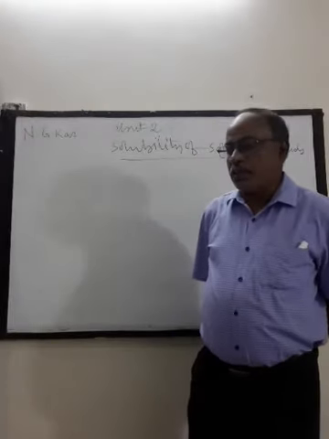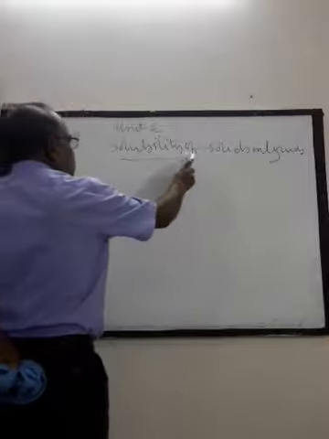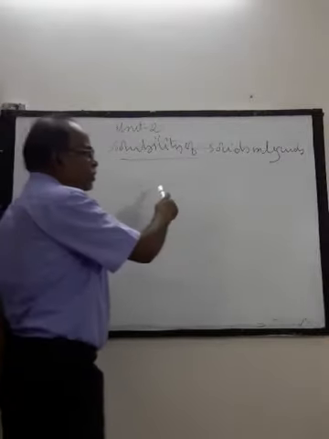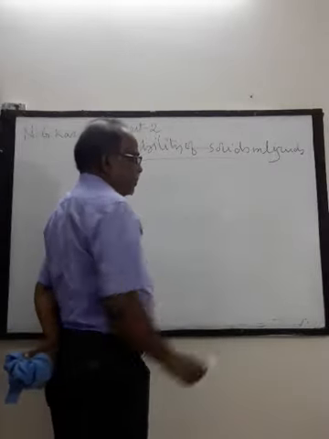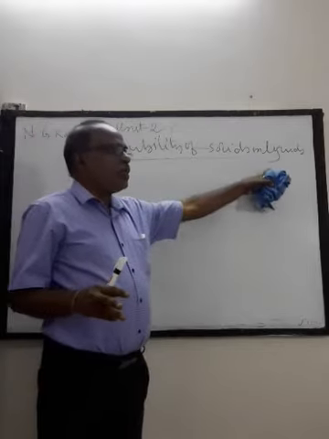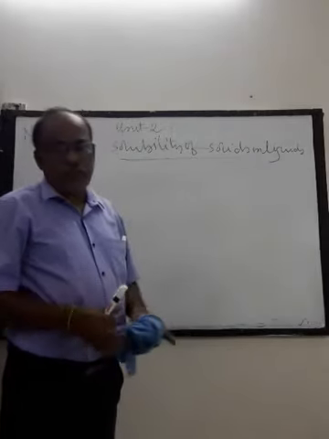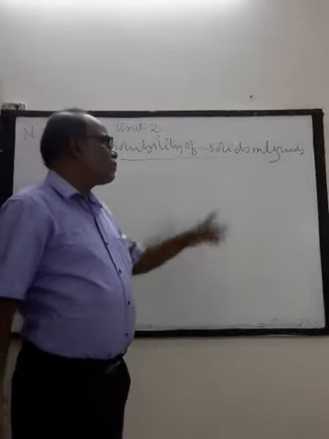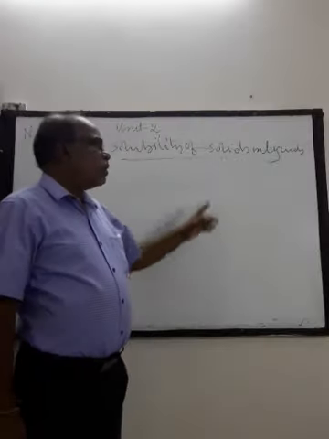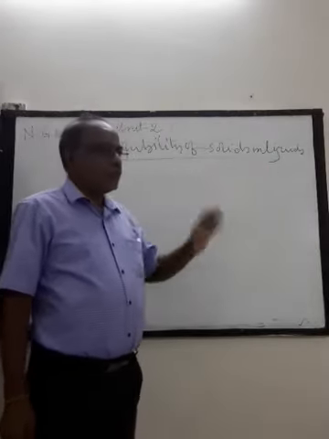So today's class I will mainly discuss solubility of solid in liquid, first part, and second part solubility of gas in liquid. Solid in liquid means say sugar in water, sodium chloride in water, potassium chloride in water, silver nitrate in water.